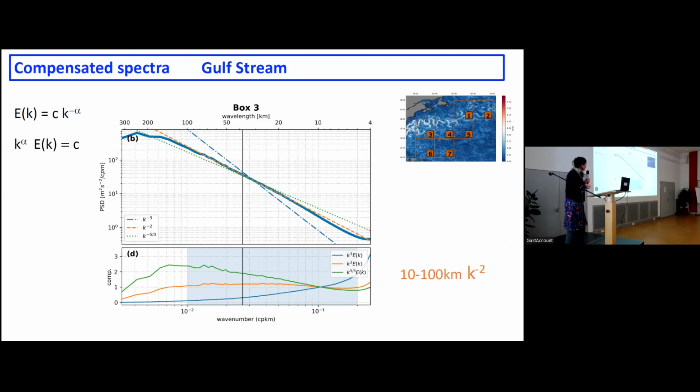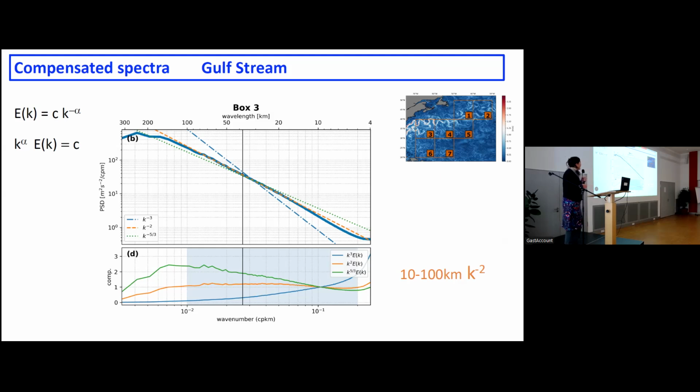What this means is if you see a horizontal line, then this scaling is satisfied for this kind of wave number range. So with these compensated plots, you can more easily see which slope you have for which wave number range.